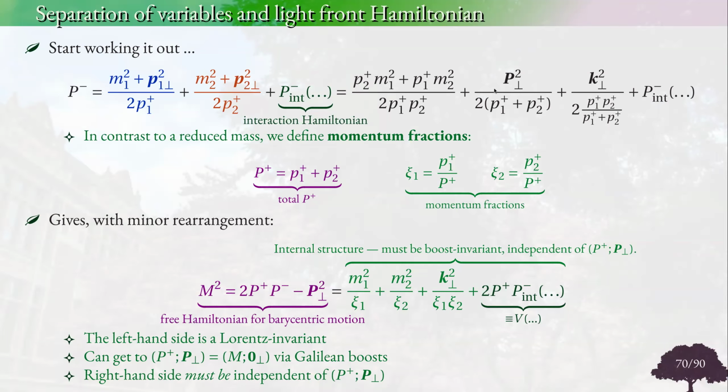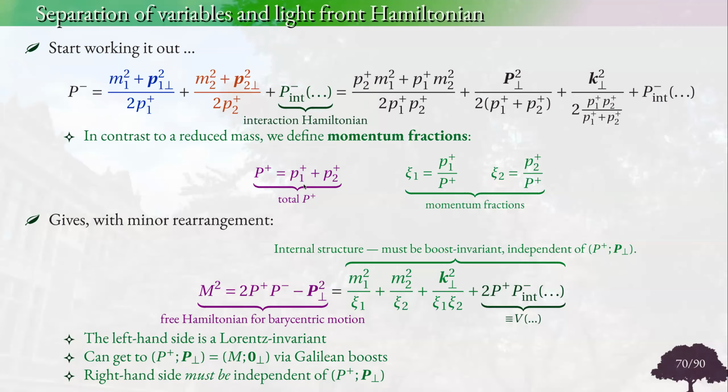So you're going to have a big P perp squared, total transverse momentum squared over a total P plus, and your relative momentum squared over something that you could choose to define as a reduced P plus, and you have your interaction term. However, in contrast to a reduced mass, instead of defining a reduced P plus, we define momentum fractions.